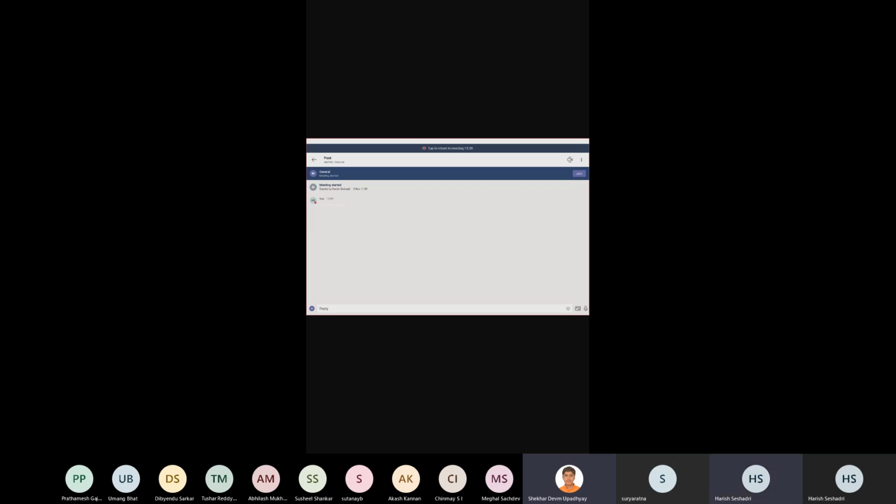Well, obviously it is in landscape mode. In that case, maybe let's stop sharing and then start sharing again. Yeah, I can do that, but let me just see once again.